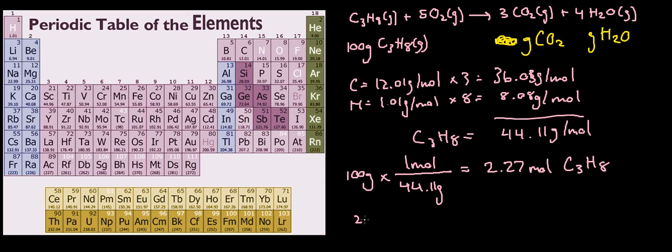If I have 2.27 moles of propane, for every 1 mole of propane, I get 3 moles of carbon dioxide.